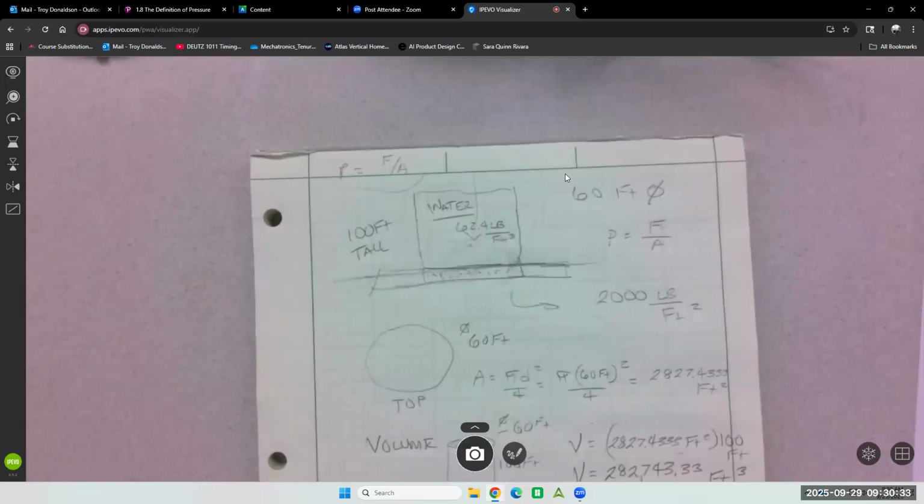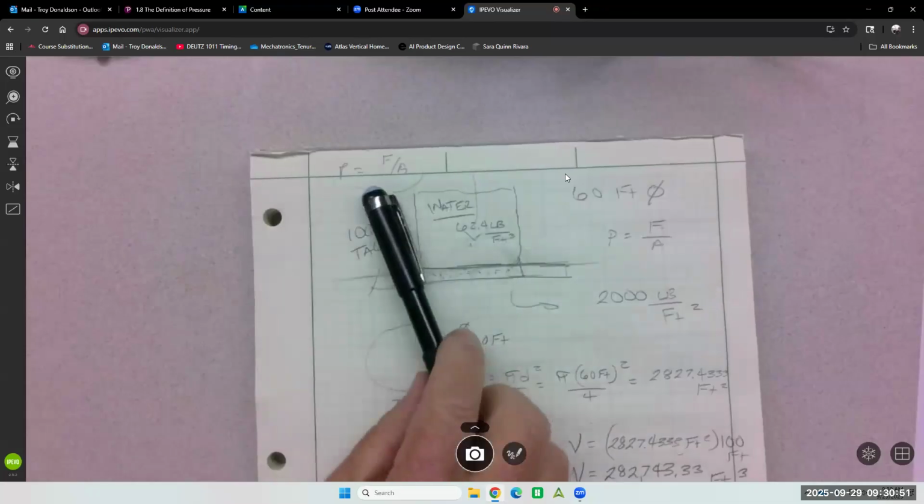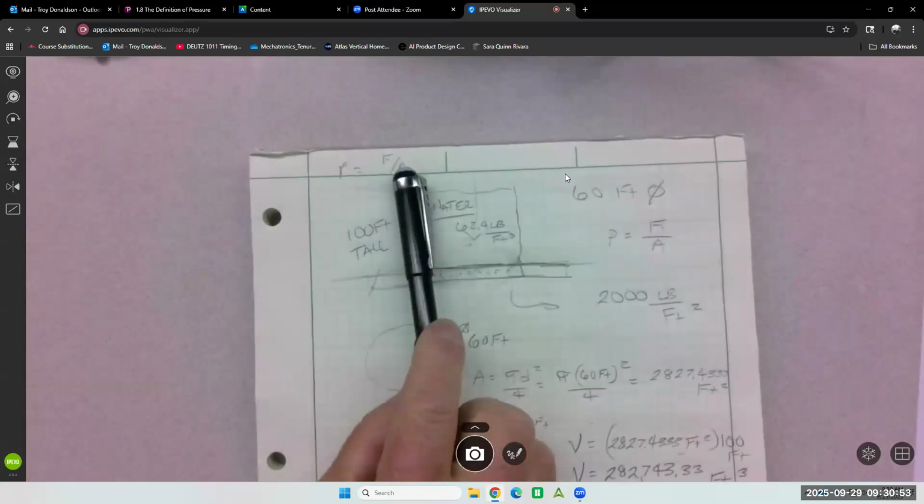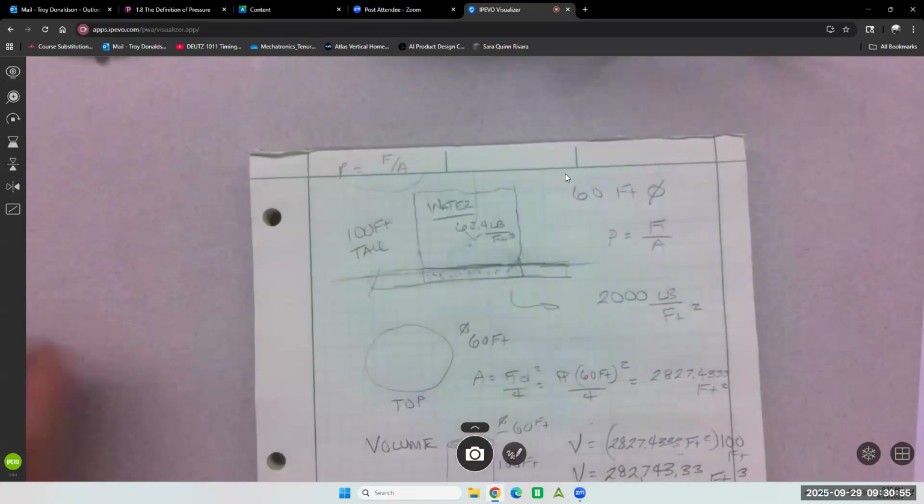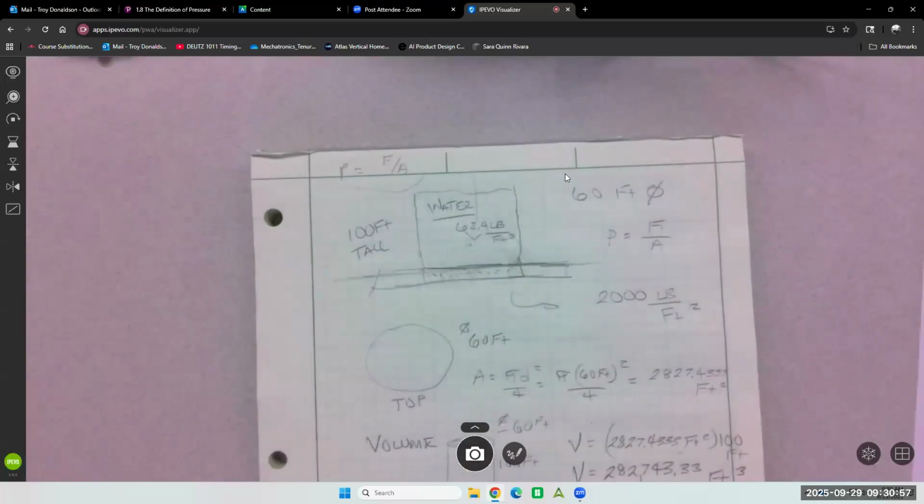So the question can say, hey, I have this much pressure and this much weight. How much area do I need? Or it can say, I have this much pressure and this much area. How much force can I hold? Or the way it's given, hey, I have this much force in this much area, how much pressure is that? So 3 different ways.